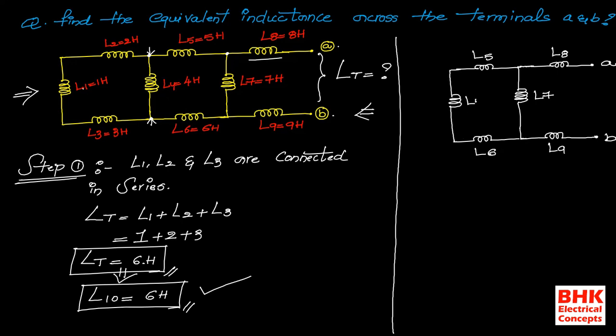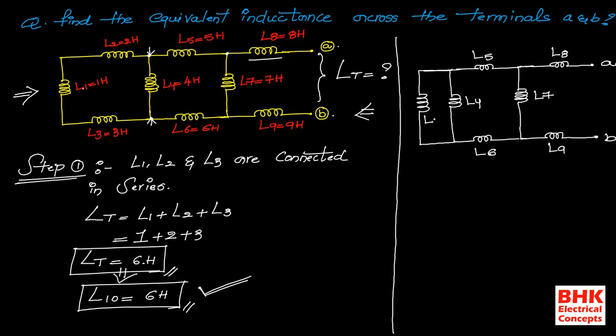That is L6. Another inductor is connected here, this is L4. Now coming to the replacement of L10 in the actual network. The resultant of these three inductors we got is L10 equal to 6 Henries. I am placing this resultant value L10 instead of the series combination of L1, L2 and L3, like this.